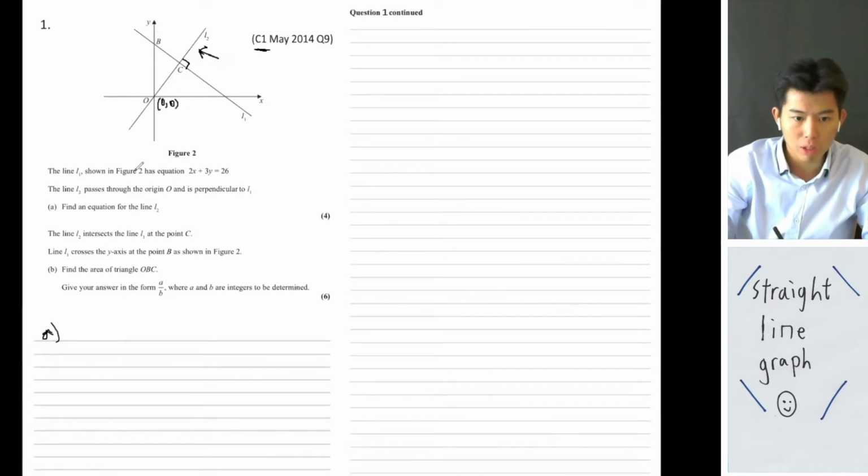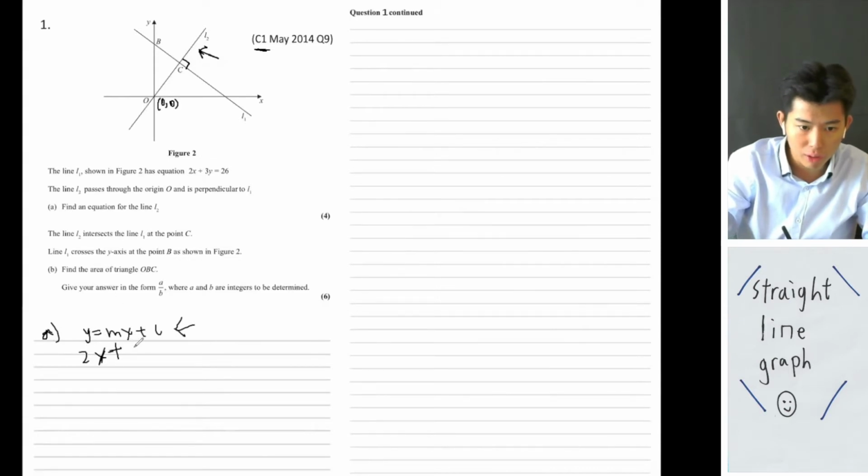Okay, so for the gradient of the first line, always remember the equation for a line is y equals mx plus c. Try to make it into this form first before trying to get the gradient. So 2x plus 3y equals 26.